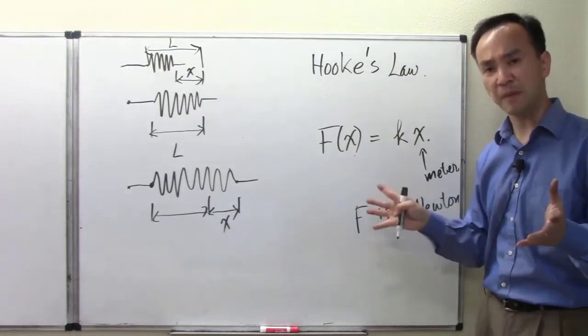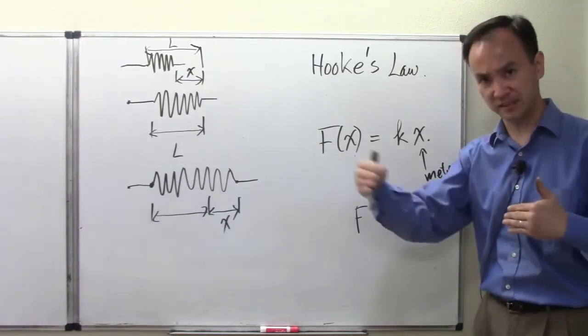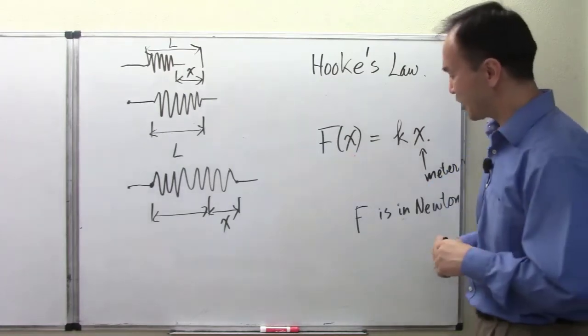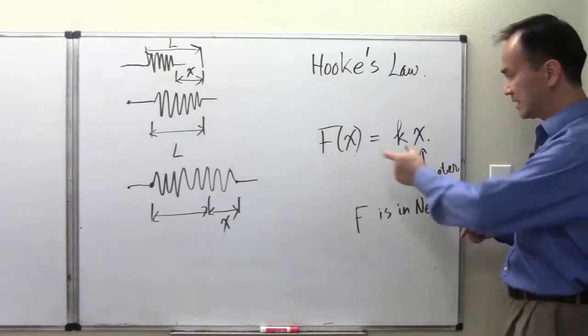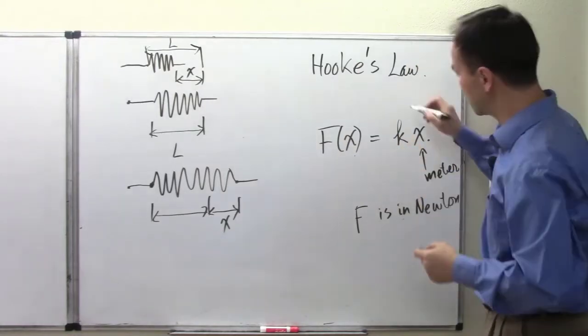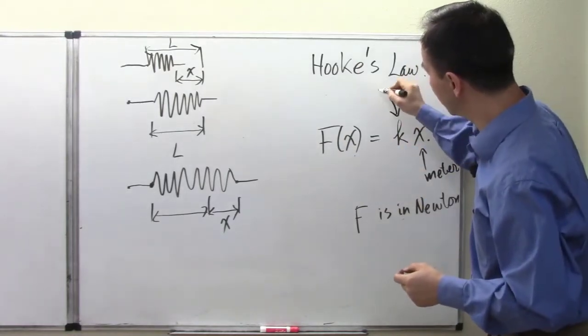They go with foot-pounds, pounds, and feet. So units shouldn't matter, but Hooke's law states that it needs a constant. This is called a spring constant. This k right here is a spring constant.